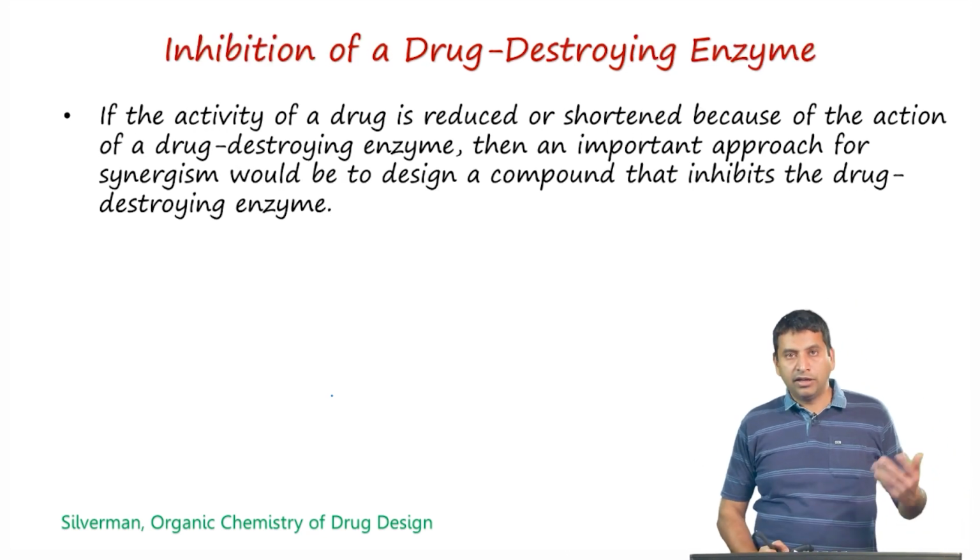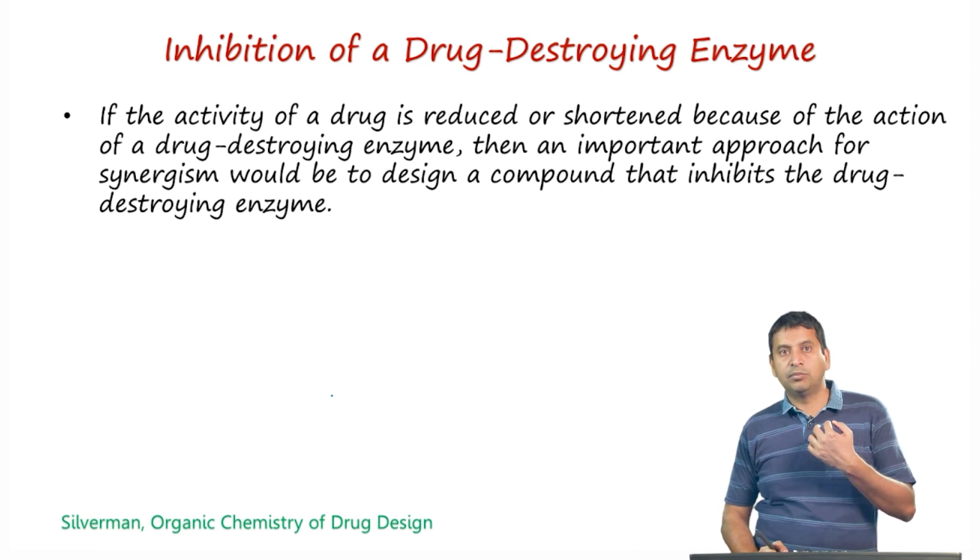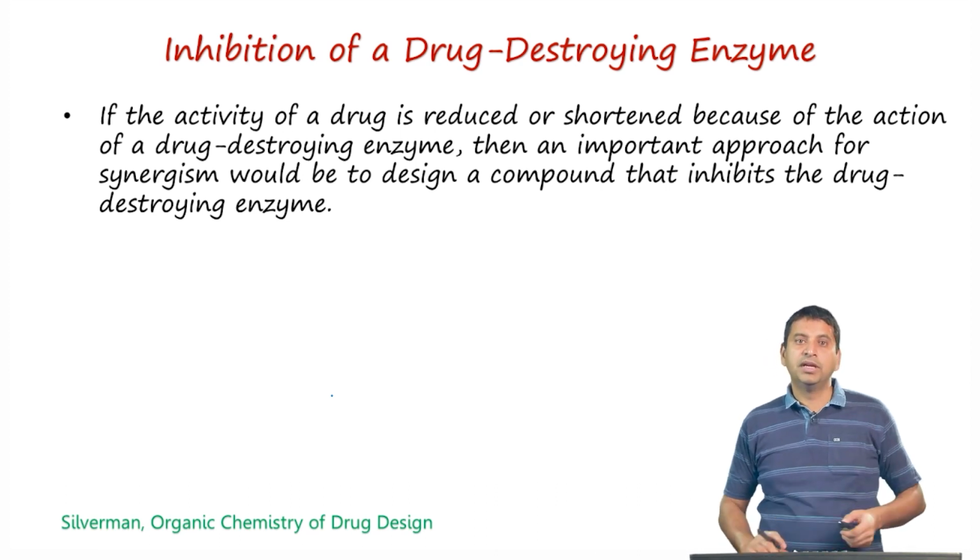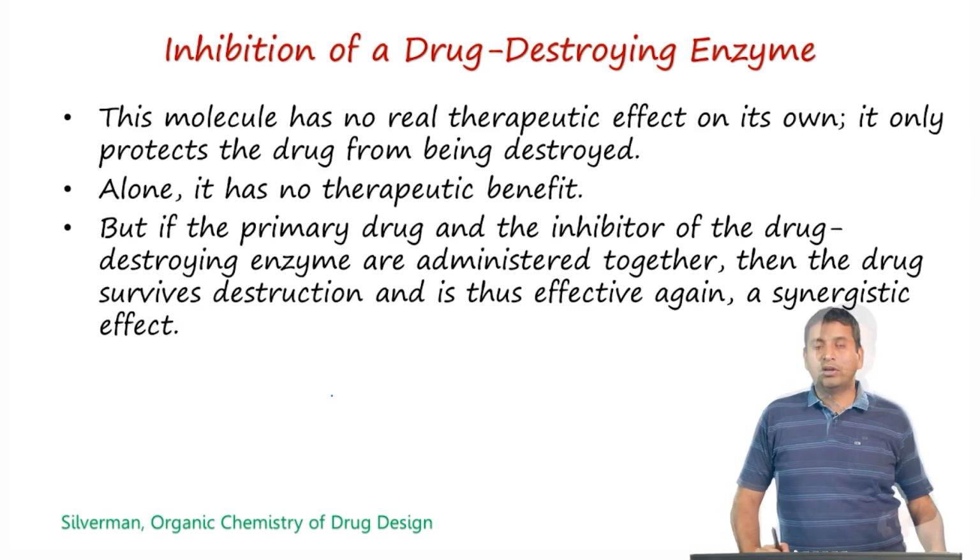One can think about synergy by inhibiting a drug destroying enzyme. We have already looked at this previously. For example, you can have an inhibitor of an enzyme that destroys the drug, and this will result in synergy. This particular molecule may not have any therapeutic effect on its own, but it only protects the drug from being destroyed.